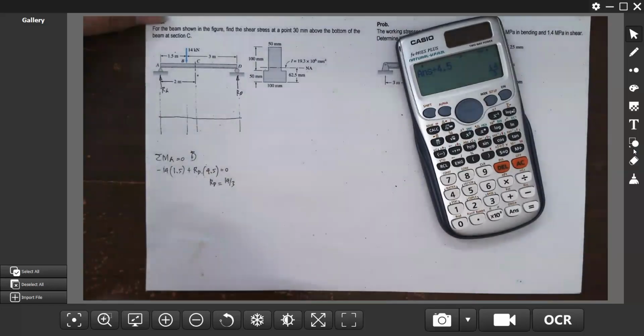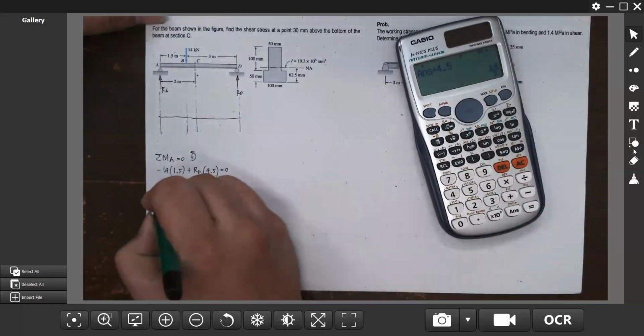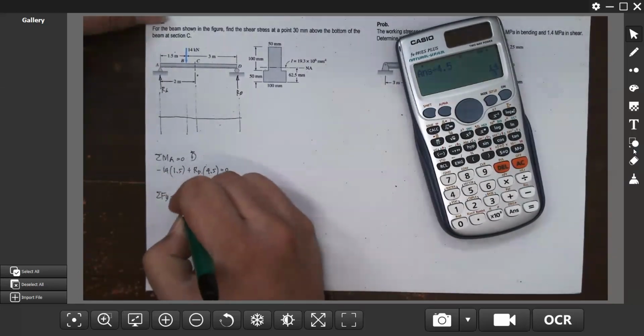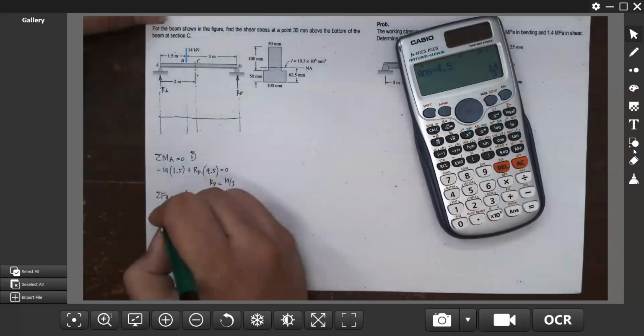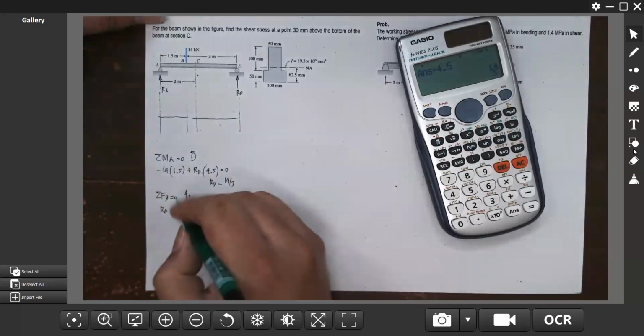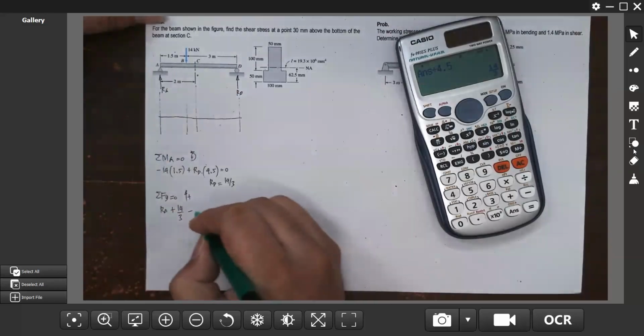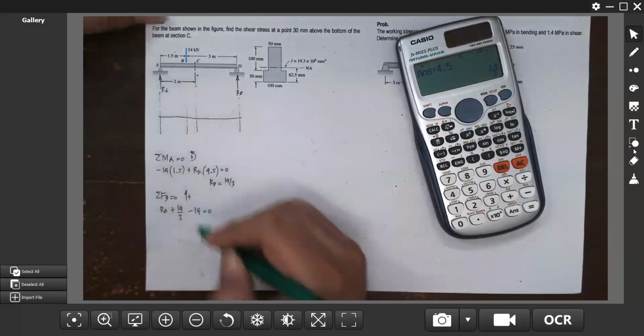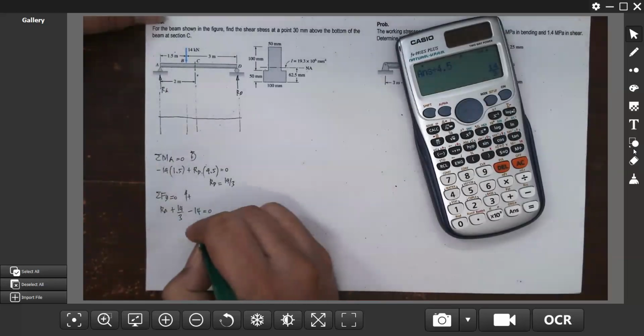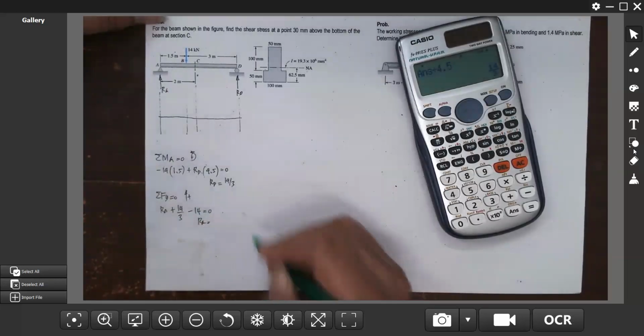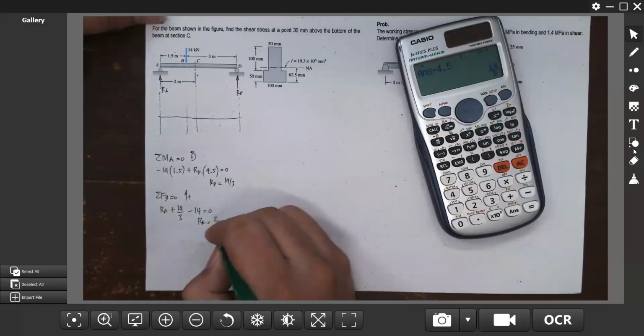And then summation of force Y equal to 0. So you have RA plus RD minus 14, so RA is 28 over 3.